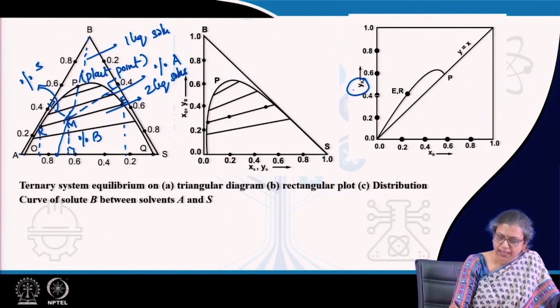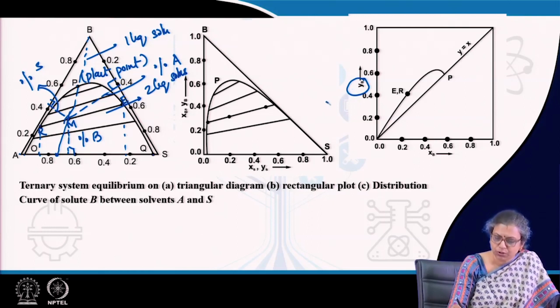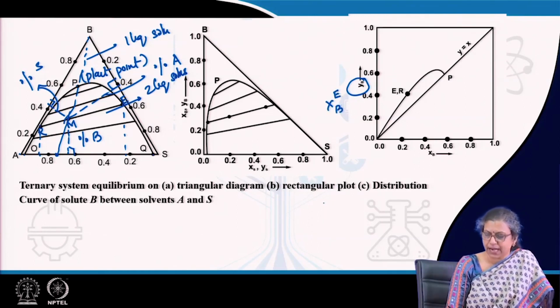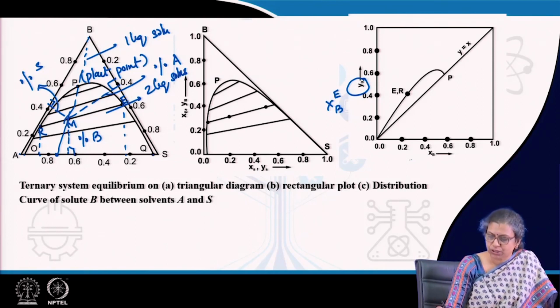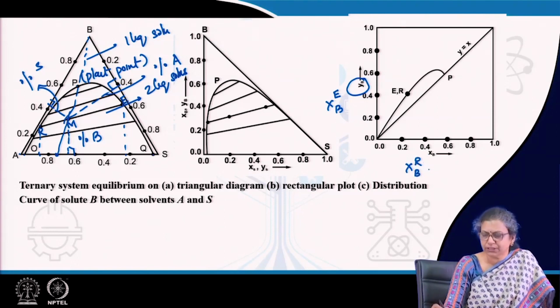Normally that is shown as Yb. You can also denote it as Xb in the extract phase, and the proportion of B in the raffinate phase.